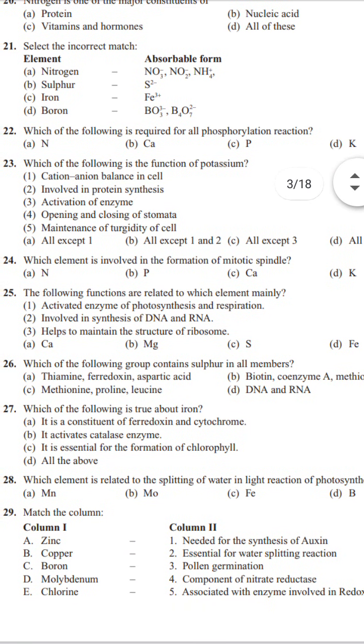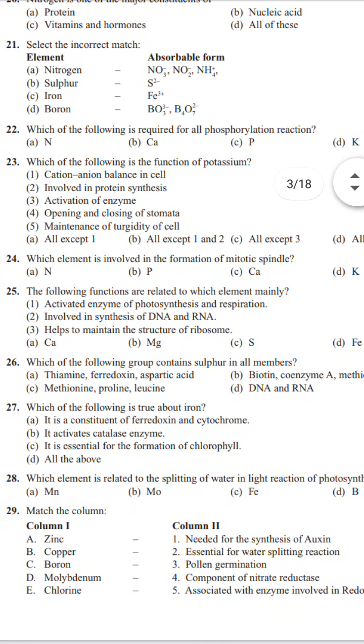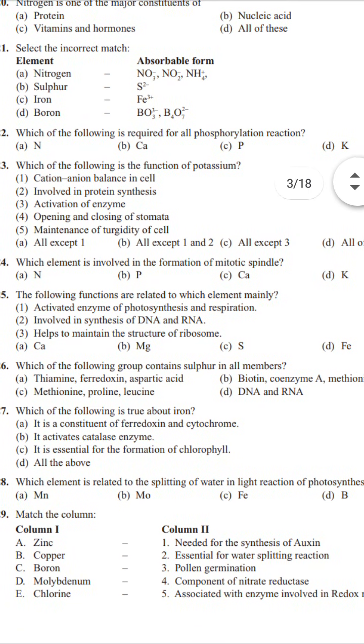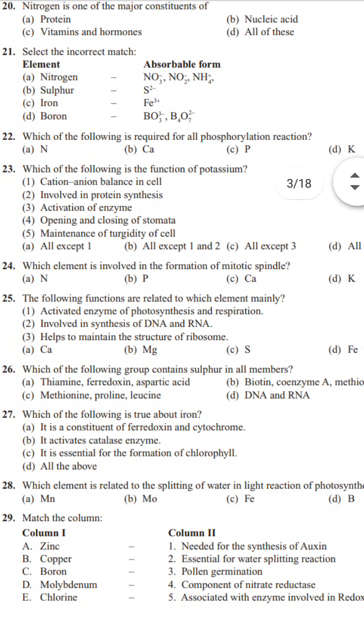Here, students, the correct option for this question is option D, all the above. All the above are functions of potassium. Shall we see the explanation? Yes, let us see. Potassium is absorbed by plants in the form of potassium ions, K plus.